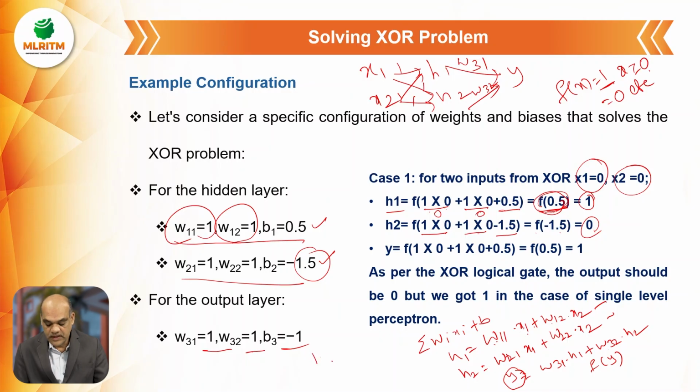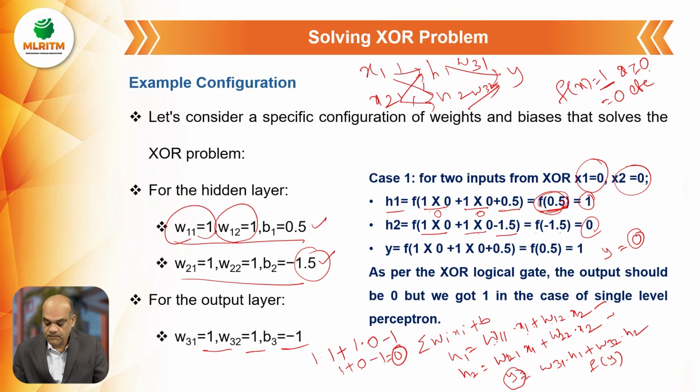W31, 1 into H1. What is H1? 1. Plus W32, 1 into H2. What is H2? 0. Minus 1. So 1 into 1, 1, plus 1 into 0, 0, minus 1. 1 plus 0 minus 1, which is equal to 0. So the output of Y equal to 0 we got here.